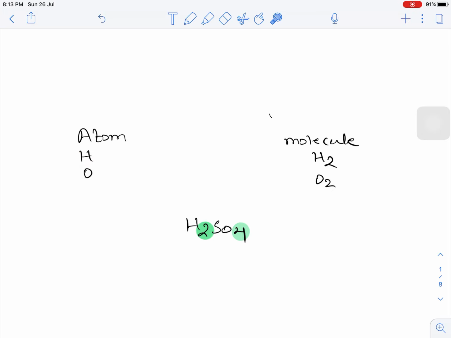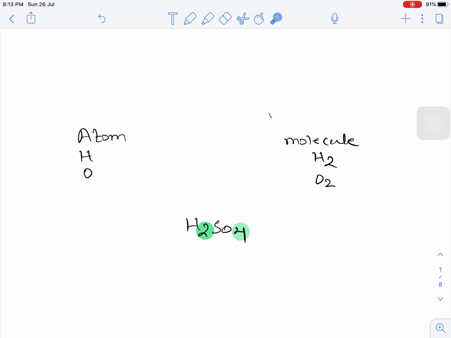H indicates that there is only one atom of hydrogen. O indicates that there is only one atom of oxygen. Now remember that when two or more atoms combine together, they are known as a molecule.